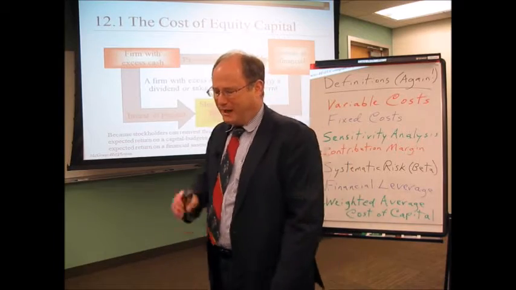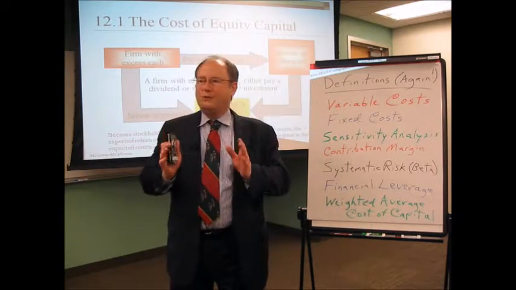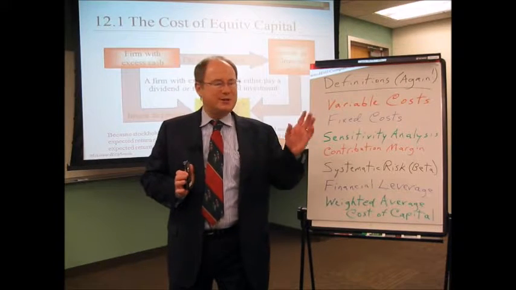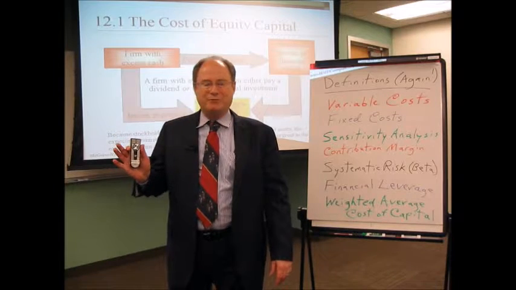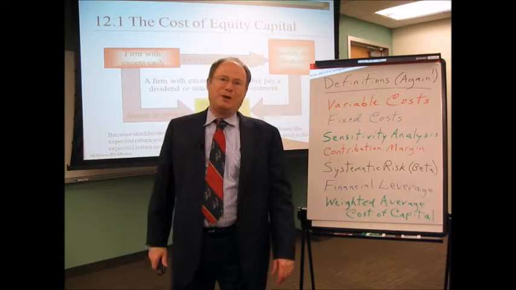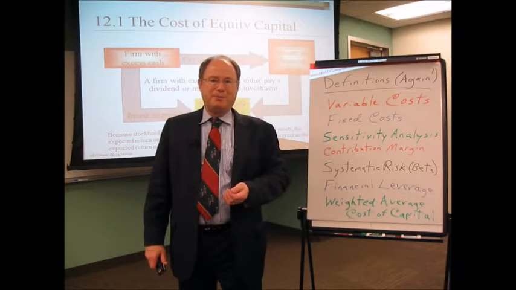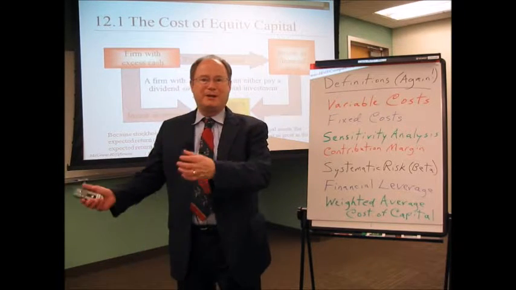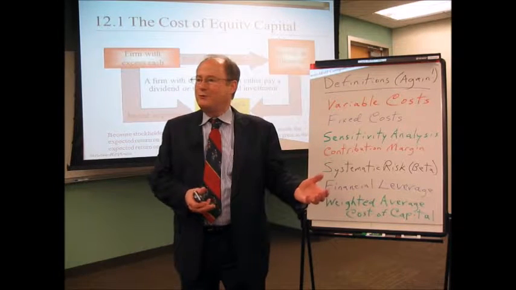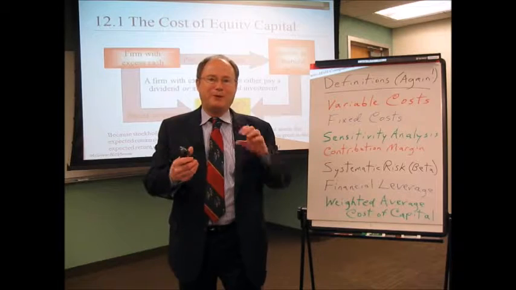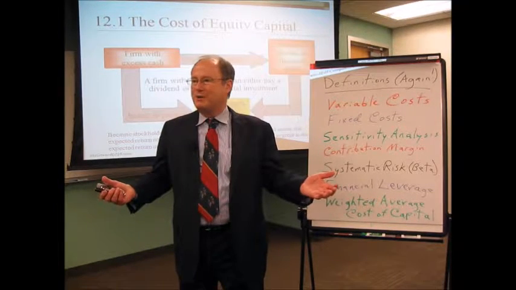So we've kind of got these benchmarks, but at the end of the day, what threshold do we use to determine whether we want to invest in a project or not? Well, it should at least equal our cost of funds. Because if we're paying a certain amount of money to have debt and equity available to us, then the project we're investing in should at least break even on what the cost of those funds are. If it's not, we're wasting money.